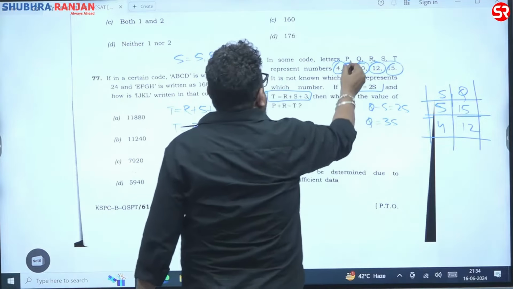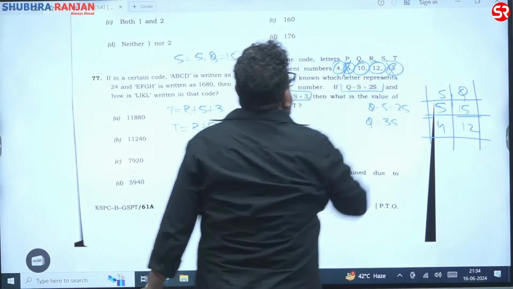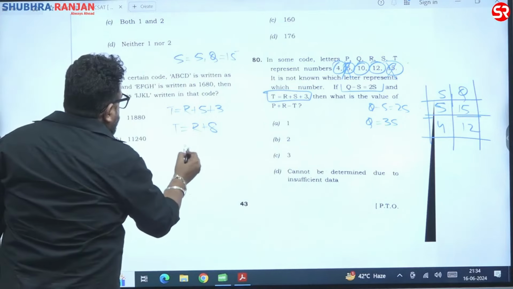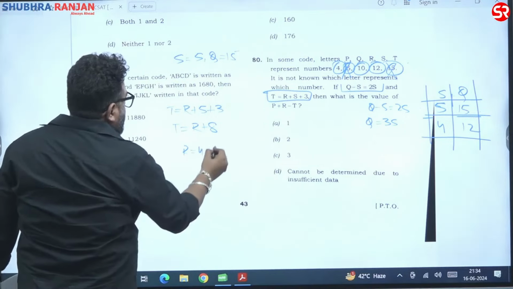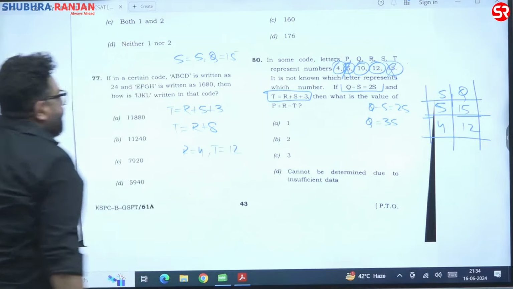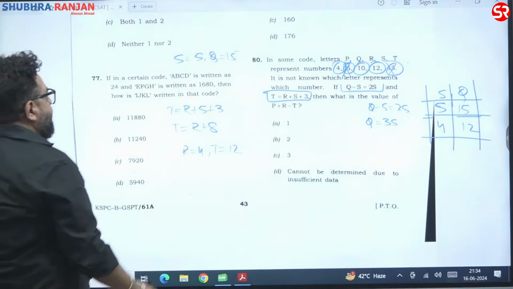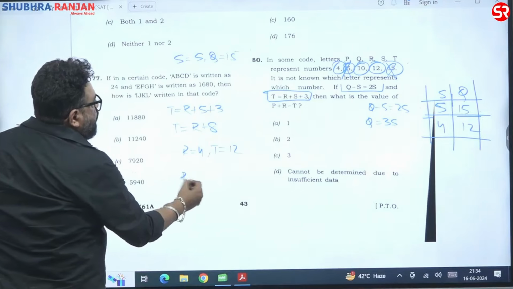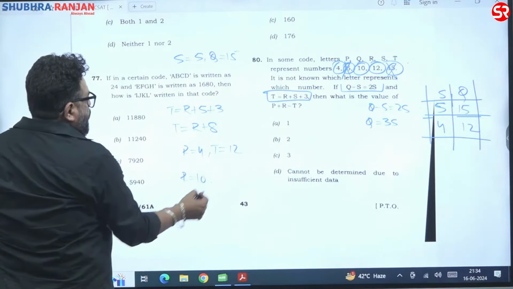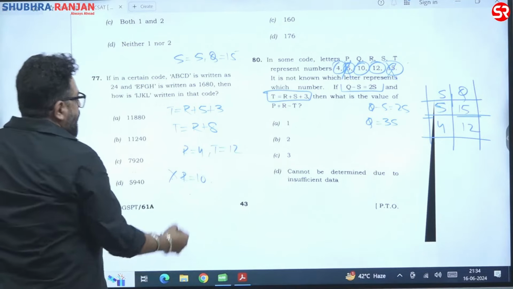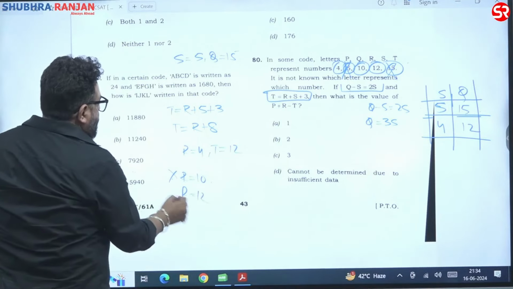In this, 5 is gone and 15 is gone. You're left with 4, 10, 12, right? 4, 10, 12. So if you take R is equal to 4, then T would be equal to 12. It can work, absolutely it can work, right? And if you take R is equal to 10, then it is not possible because T being 18 will not work. If you take R is equal to 12, that is also not possible.